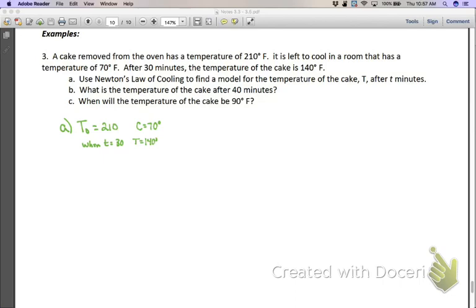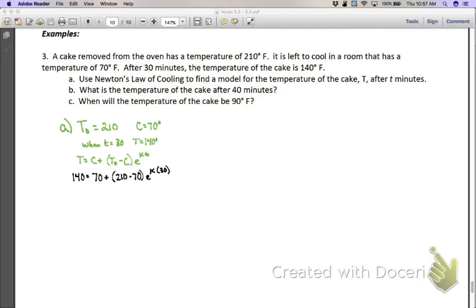From there, I'm going to have T equals C plus my initial temperature minus my constant temperature, times e to the K times t power. So 140 is my new temperature, my constant temperature is 70, plus my initial 210 minus 70, times e to the 30K.